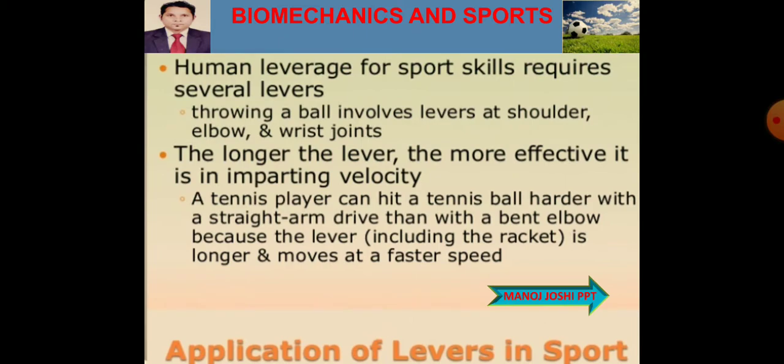Throwing a ball involves levers at the shoulder, elbow, and wrist. The longer the lever, the more effective it is in imparting velocity. A tennis player can hit a tennis ball harder with a straight arm drive than with a bent elbow, because the lever including the racket is longer and moves at a faster speed.